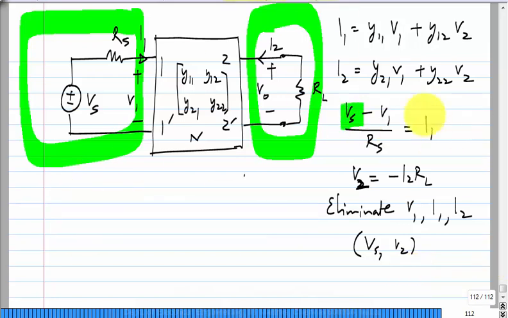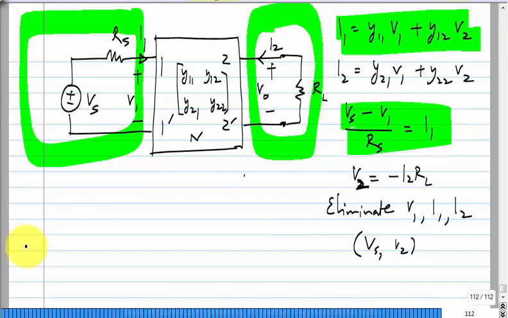If you combine this and this, you will get, okay.